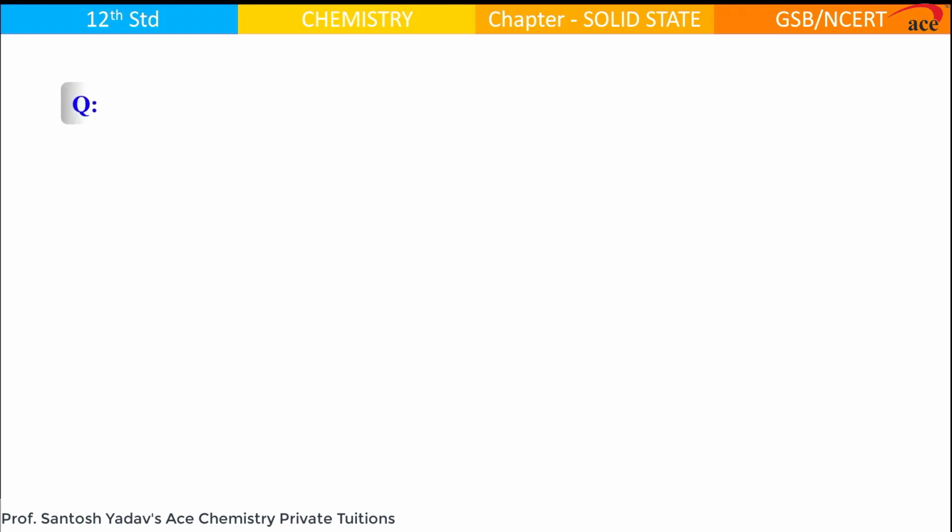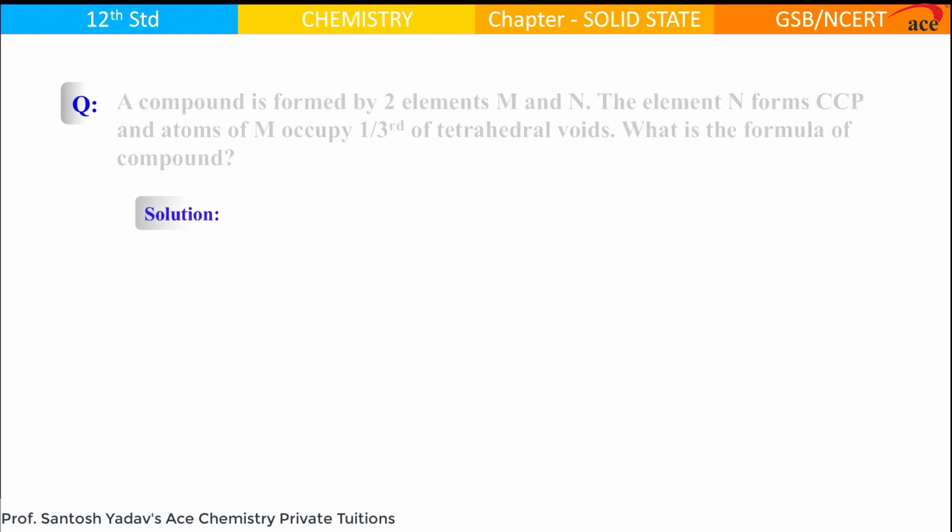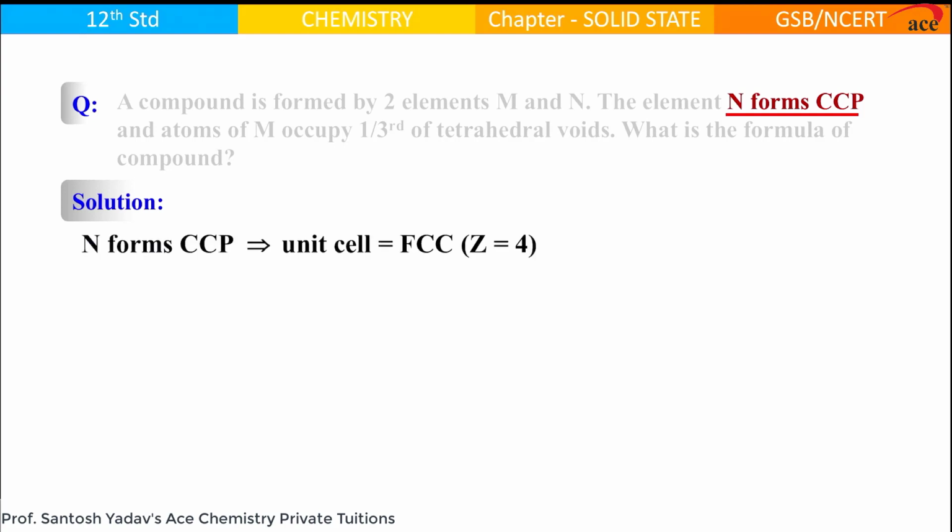If you want to summarize, there is a small numerical by which we can understand. A compound is formed by 2 elements M and N. Element N forms CCP and atoms of M occupy 1/3 of tetrahedral voids. What is the formula of the compound? The calculation is like this: N forms CCP, so it will be 4.